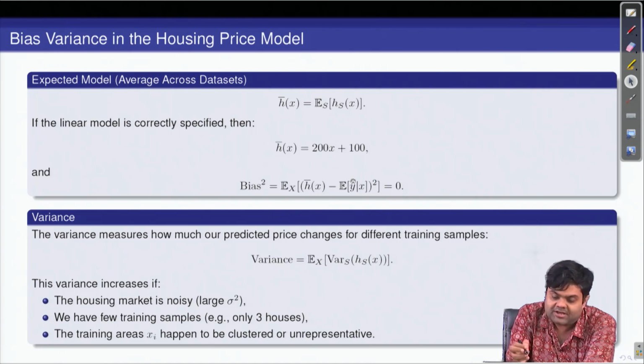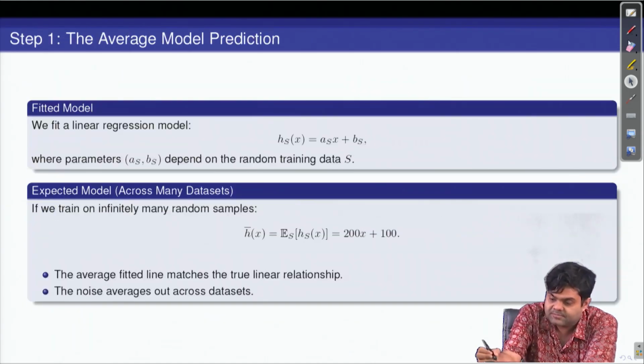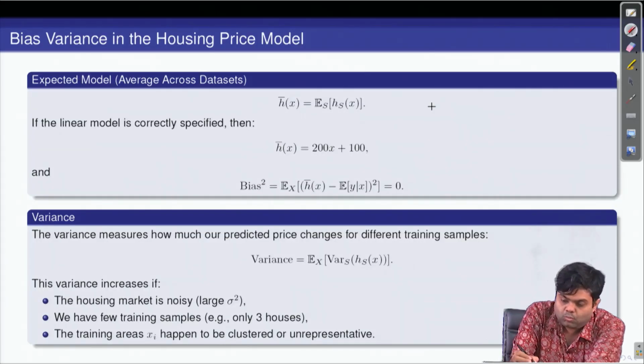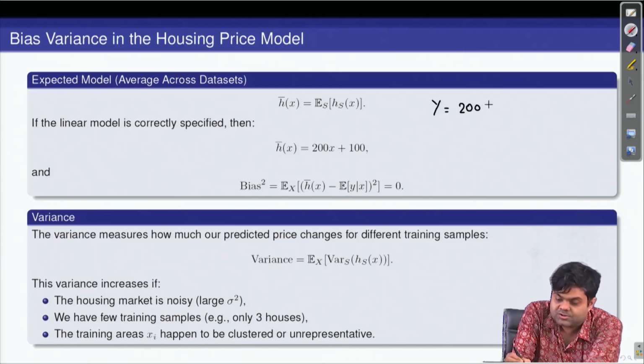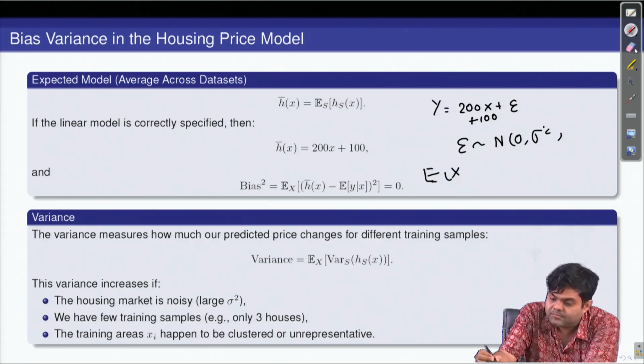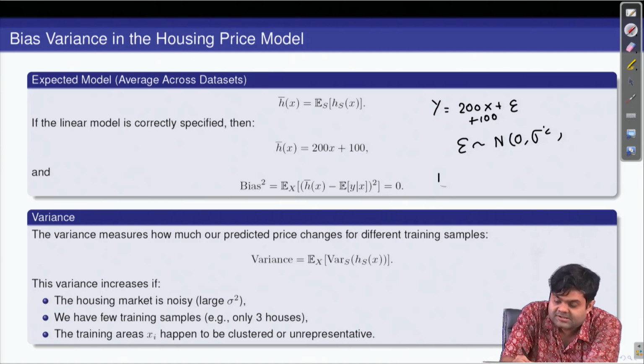And for the expected value of y given x, remember y is, we assume, 200x plus 100 plus epsilon, where epsilon follows normal 0 sigma square. We saw that from here it follows that the expected value of y is nothing but just 200x plus 100.